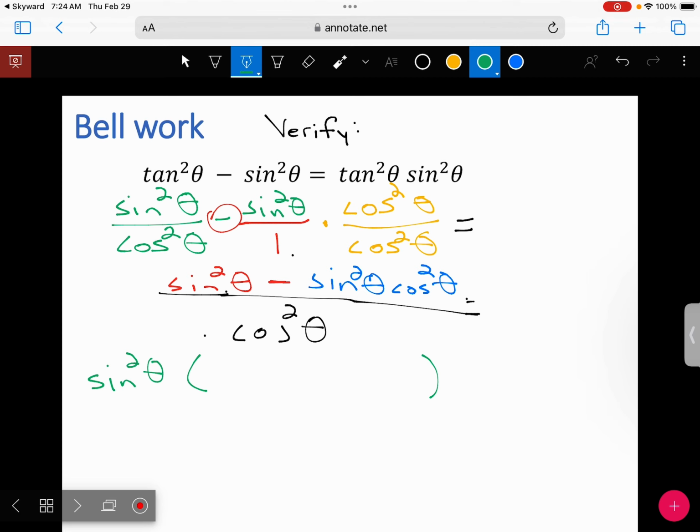Sine squared divided by sine squared is 1. Sine squared times cosine squared divided by sine squared is just going to be cosine squared. And it's still going to be all over cosine squared theta.